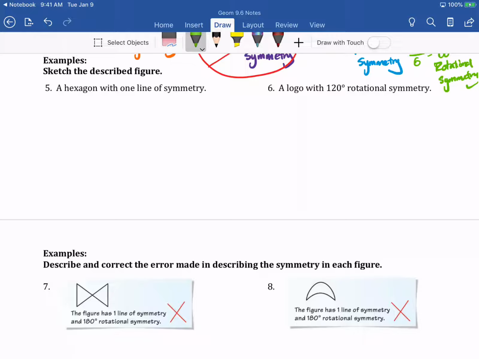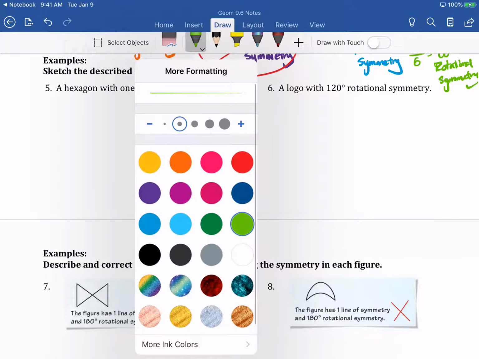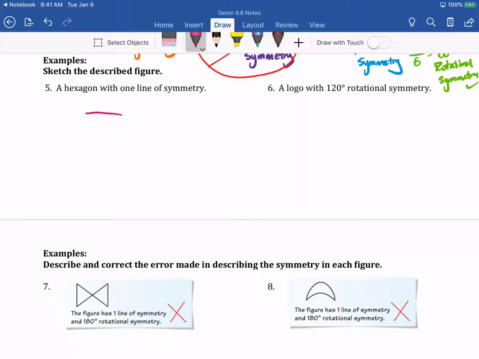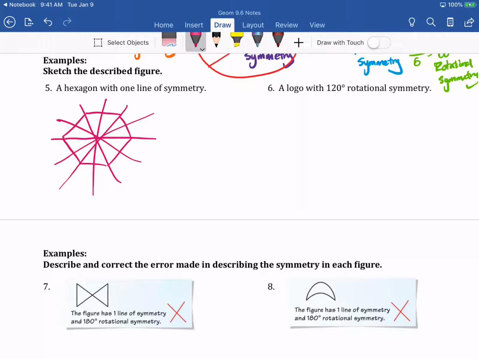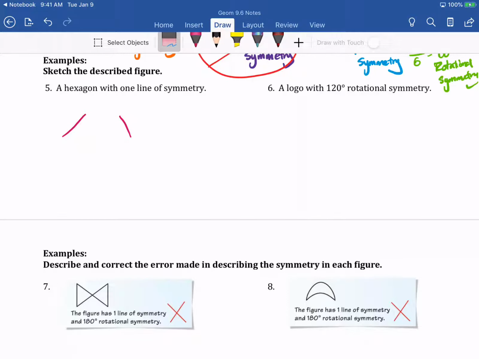When we're thinking about a hexagon, we're probably thinking of the general shape like this. But if we draw that, we'd have 1, 2, 3, 4, 5, 6 lines. So a regular hexagon has 6 lines of symmetry.